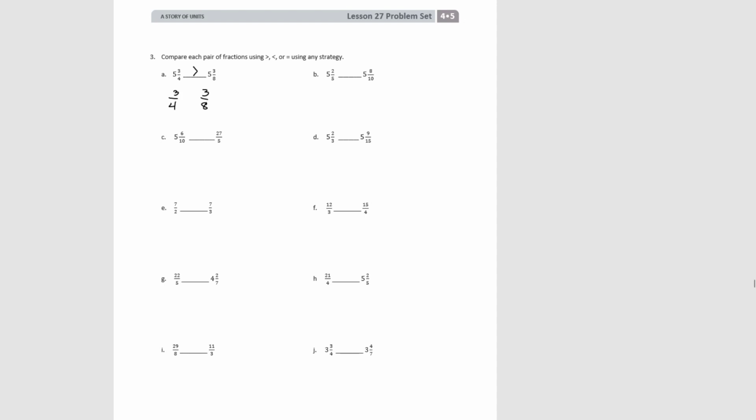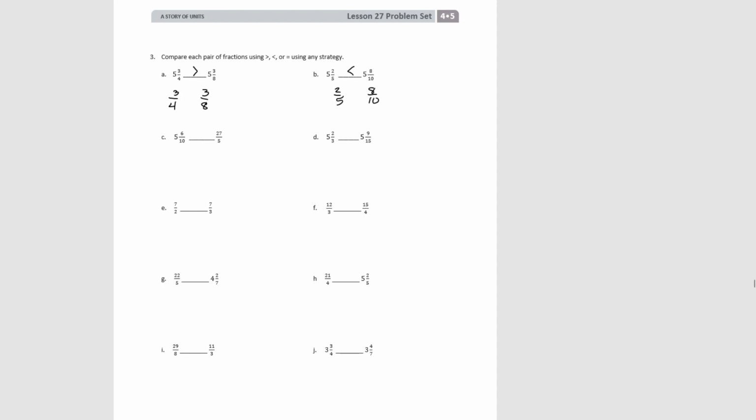Again, our whole numbers are the same, so we're comparing 2/5 with 8/10. One way would be to say 2/5 is less than a half and 8/10 is greater than a half. So 5 2/5 is less than 5 8/10.